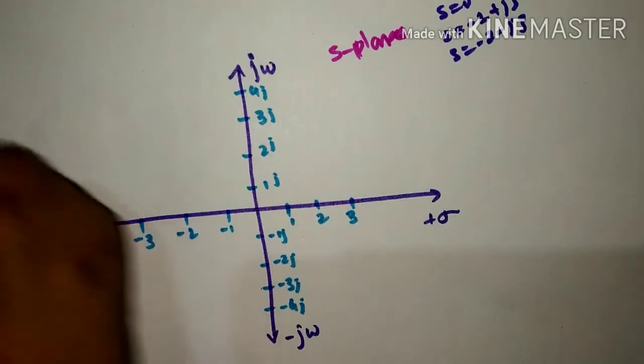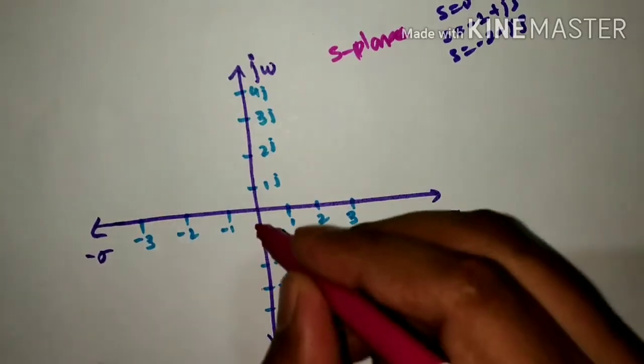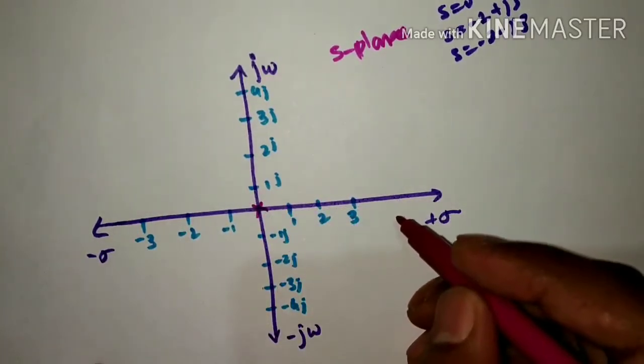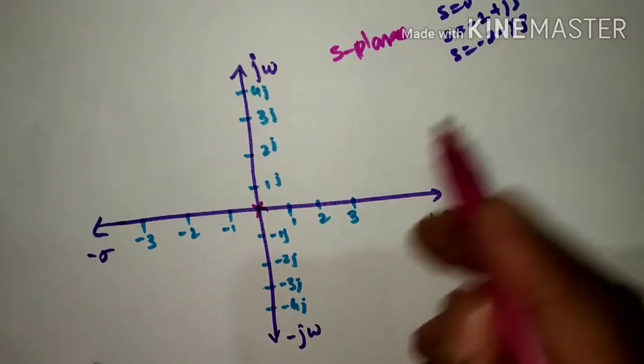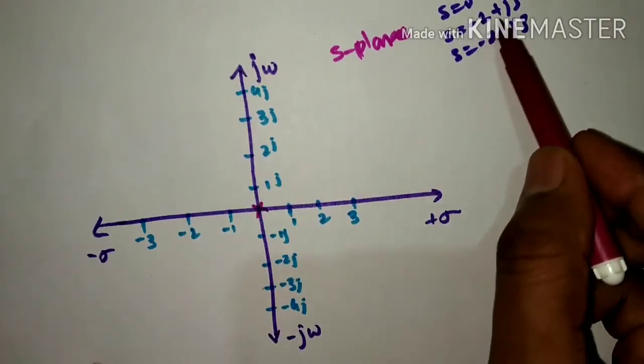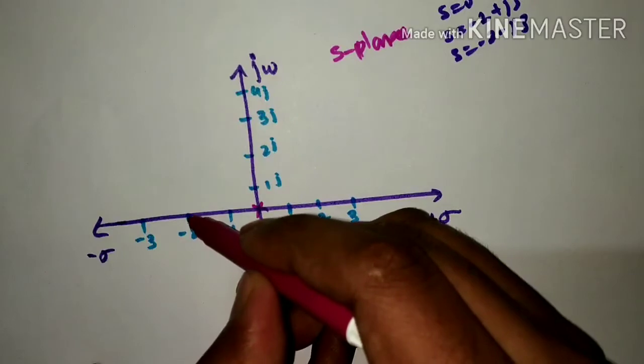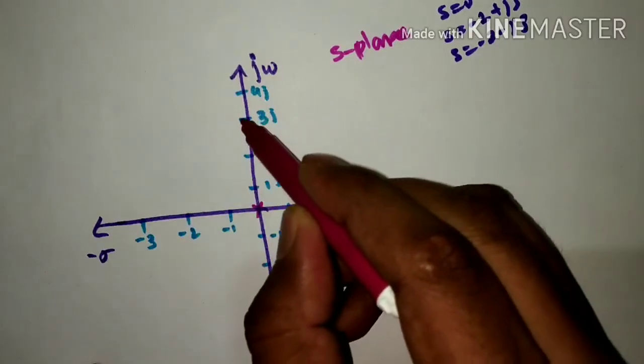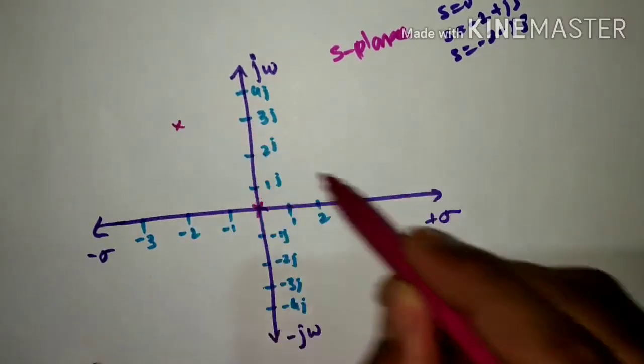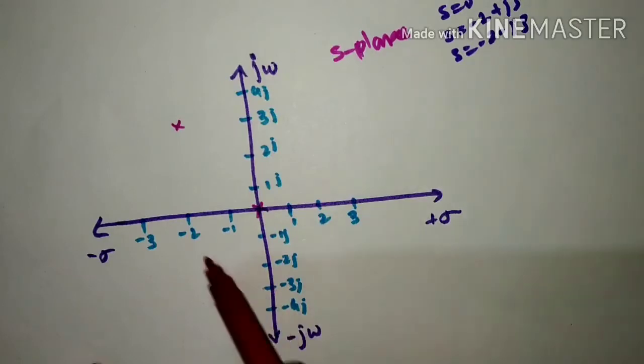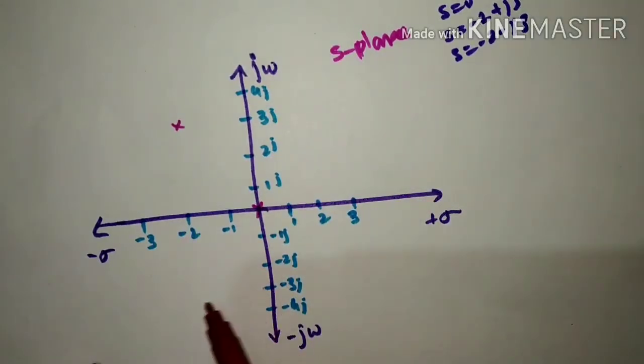When we locate it, here S is equal to 0. And another pole, S is equal to minus 2 plus 3J. So here is the minus 2. Where is the plus 3J? Here is one pole, and the next pole is minus 2 minus 3J. So here, another pole.